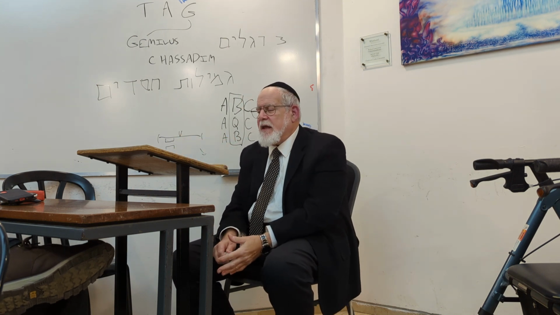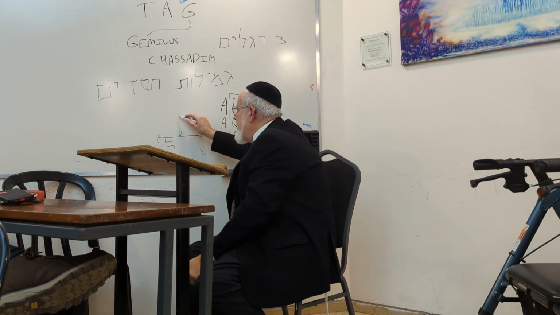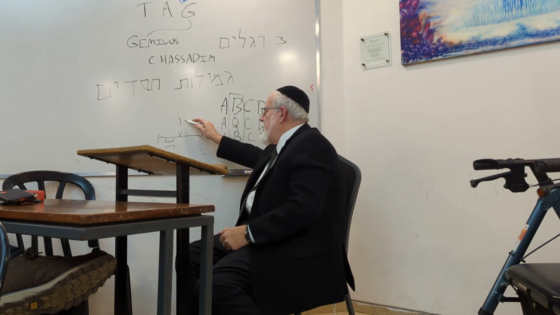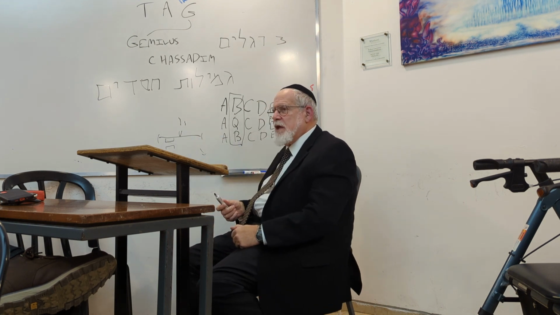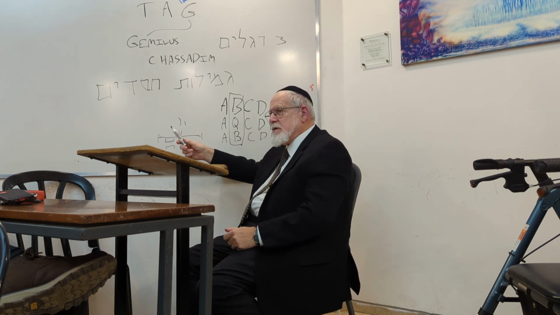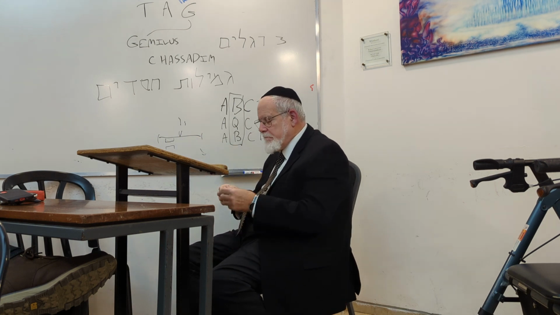This is the answer that he gives. You see, the vav that occurs right over here is extra large. It should be only this large, but it's much bigger. And if you look throughout the Torah, you will find a number of letters that are either extra large or extra small. Okay?